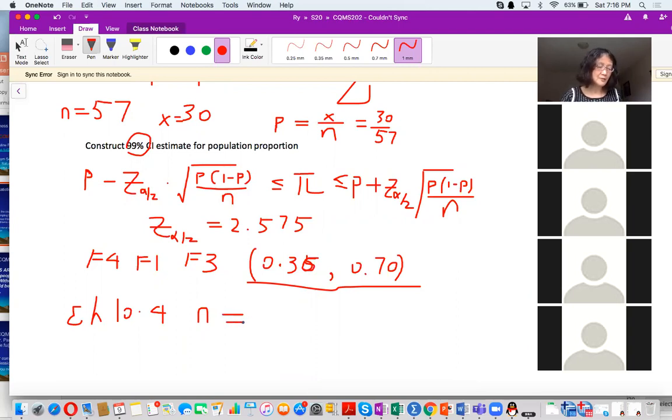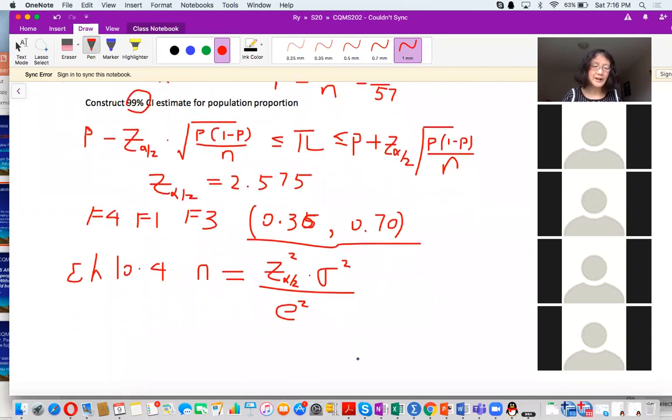There are 2 formulas. One is sample size equal to Z half alpha squared times population standard deviation squared, divided by margin of error, E squared. E is margin of error or sampling error.